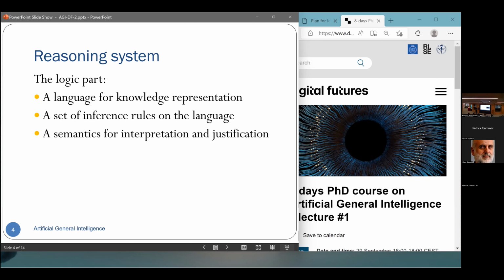This is used to justify your inference rules. Your reasoning system's inference rules are not arbitrary rules; you must give them a reason. Traditionally, an inference rule is justified by being valid in the sense that it is truth preserving. Right? You can get truth from truth. Because of that, it's logic.